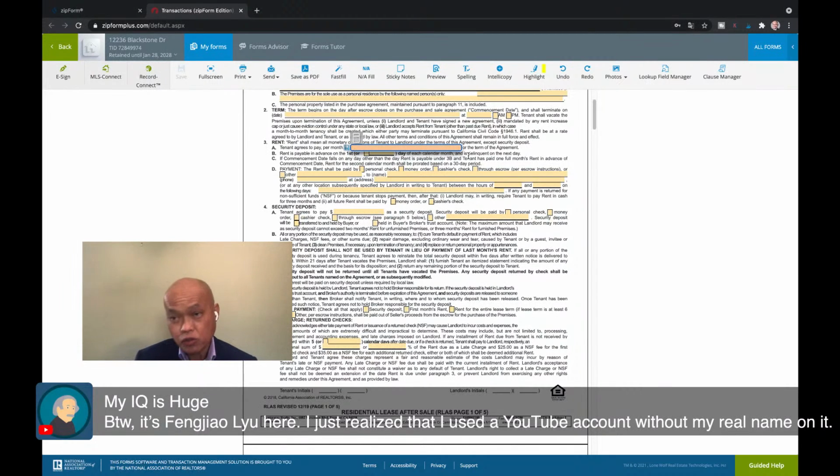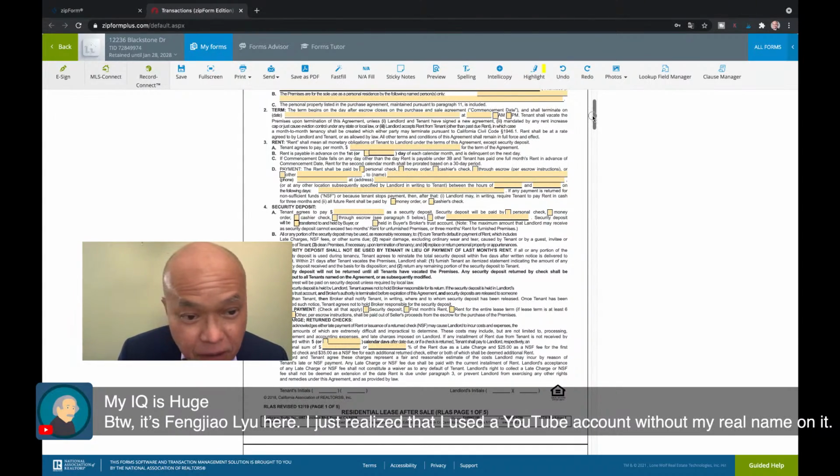So if the escrow closes on the 15th, then you want to put down here that rent is payable in advance on the first or 15th day. In this case, you will put down the 15th, unless it's coincidental that it falls on the first.